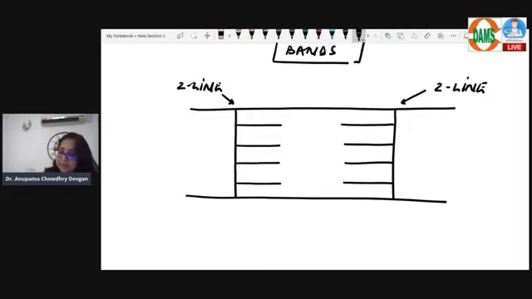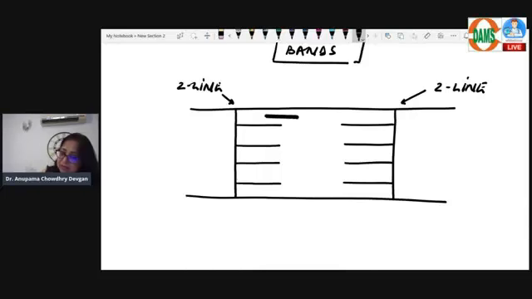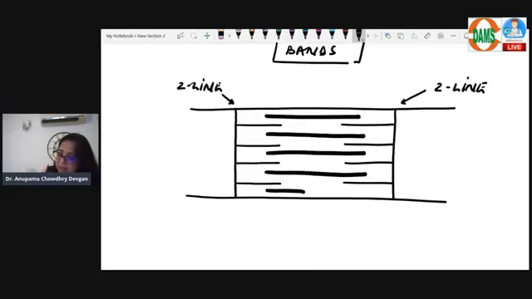And present here is going to be myosin, the thick filament. So let's see this here.